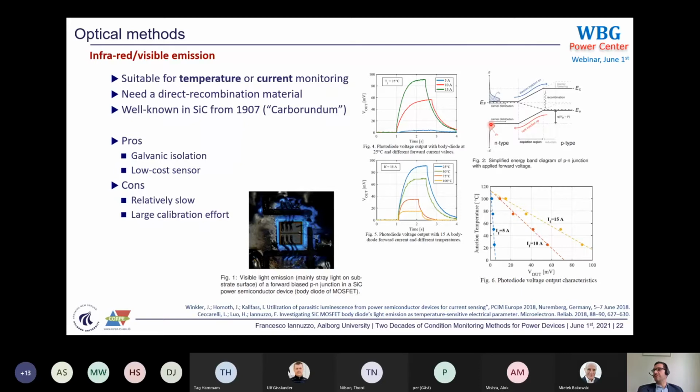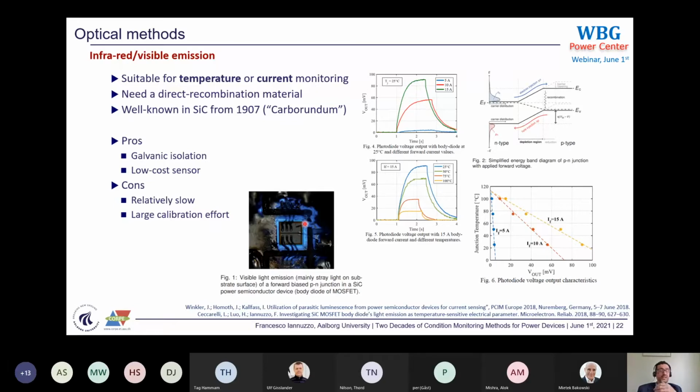During current conduction you have electron injection, and there is a probability that one electron finds a hole and they recombine. Recombine means they disappear, but their energy cannot disappear, by conservation of energy. This means that the energy difference, corresponding to the band gap, is emitted as light.